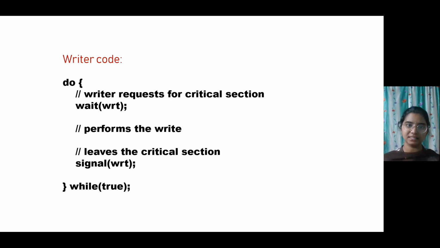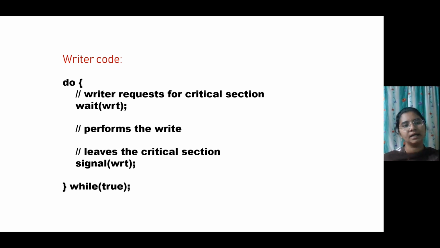So until it releases its write semaphore, no other reader process can enter, because it can get hold of write only when the writer process releases it. So when one writer is performing a write operation in the critical section, no reader can enter the critical section, because the write semaphore is not available.